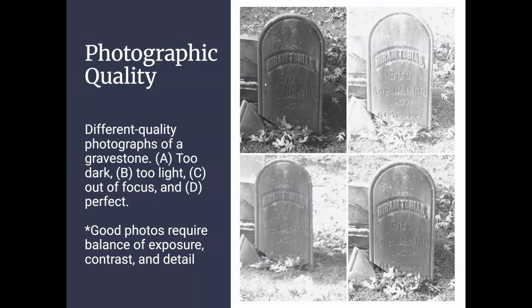On the top right, the image is too light. On the bottom left, it's blurry, it's out of focus. And then on the bottom right, the image is just perfect because it is a balance of good exposure, light exposure, contrast, okay, and detail in the image all make up a good photograph. Okay, we'll go to the next.